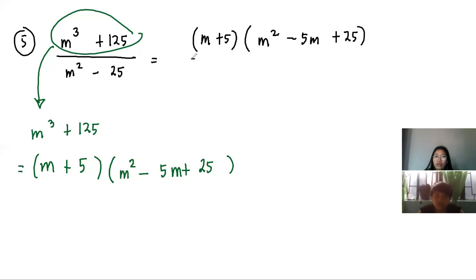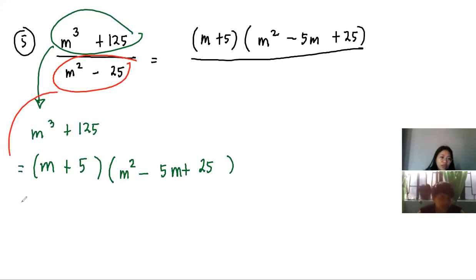Okay? Ito na siya. Then, the next one, m squared and 25. Okay, I'll go down here for the explanation for m squared minus 25.